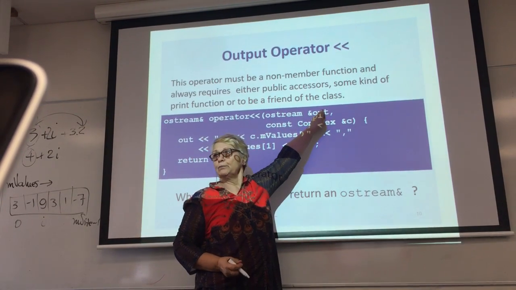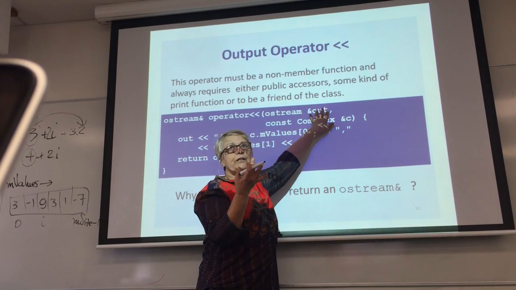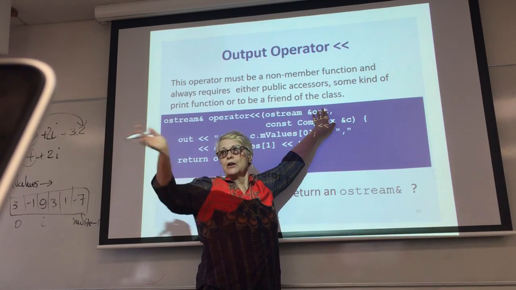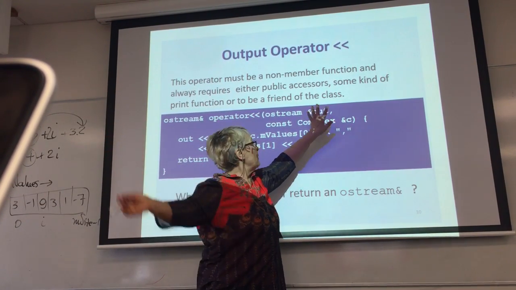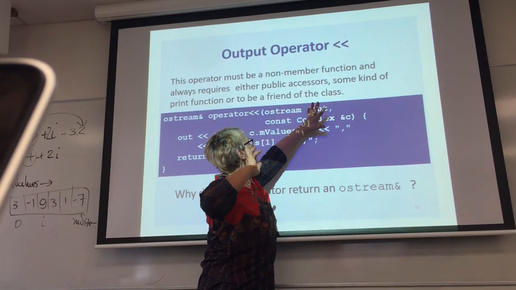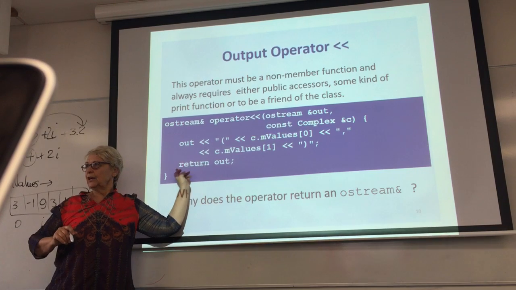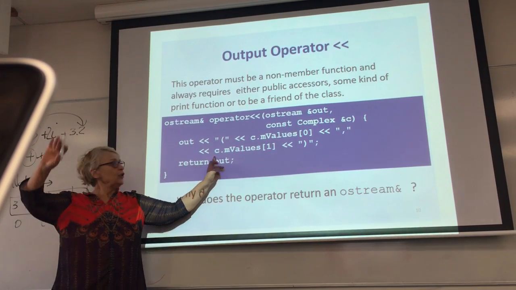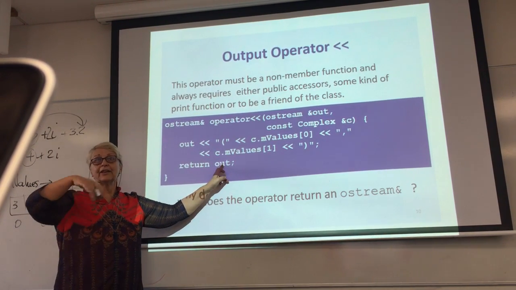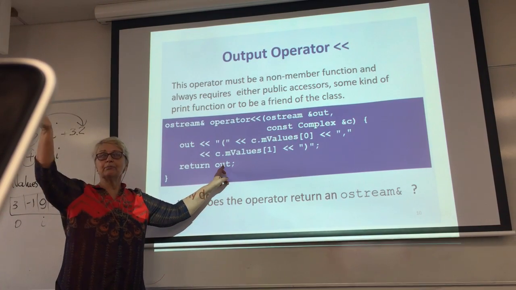The output stream, I call it out, you can call it whatever you want. This is always of type reference ostream, and it's always the last statement in the function. So be aware, you have to return it. Again, because we want to perform multiple output.